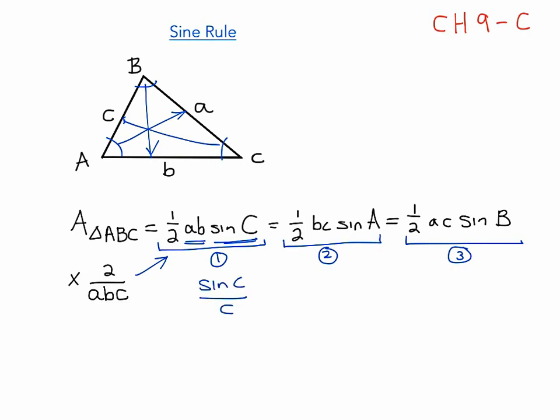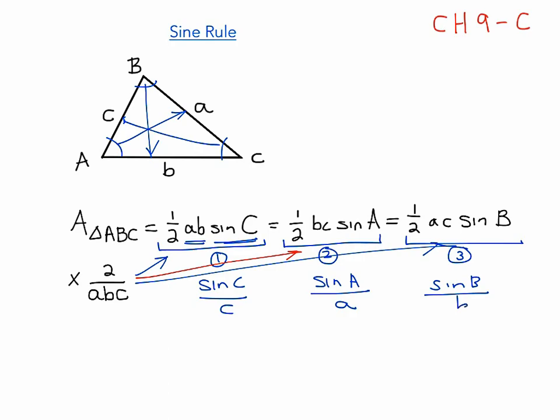If we multiply the second one, we'll get sine A over a. With the third one, we are going to get sine B over b.